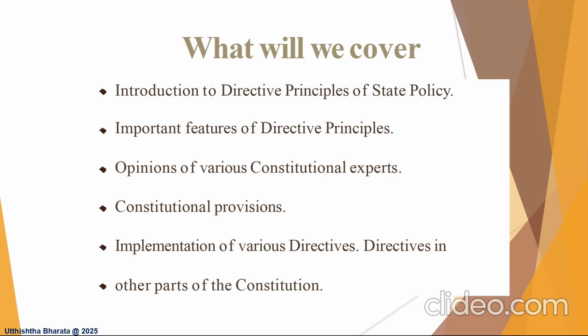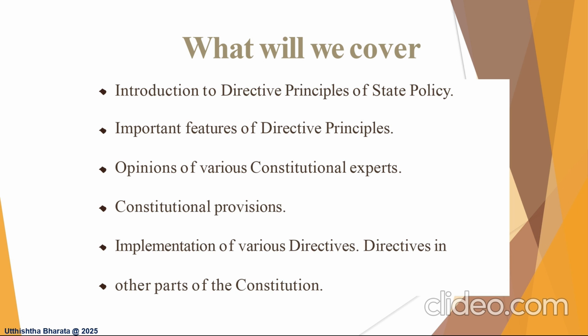Further, on the conflicts between fundamental rights and DPSPs, fundamental rights are enforceable by the courts as mentioned in Article 32 and Article 226, Clause 1, and the courts are bound to declare as void any law that is inconsistent with fundamental rights.